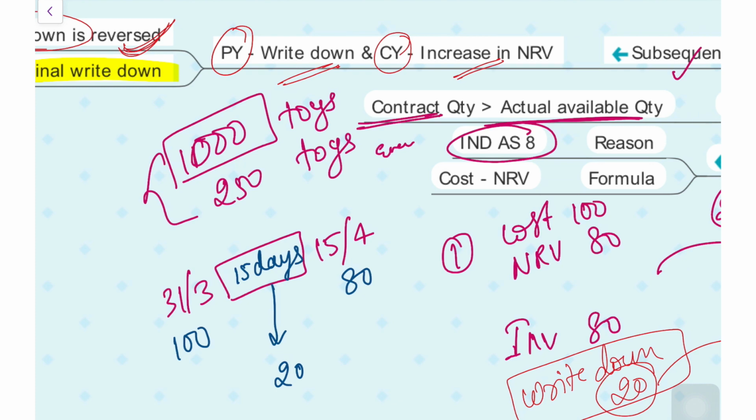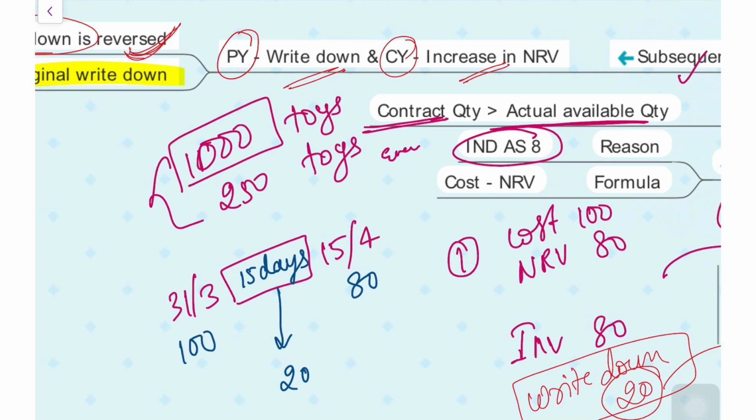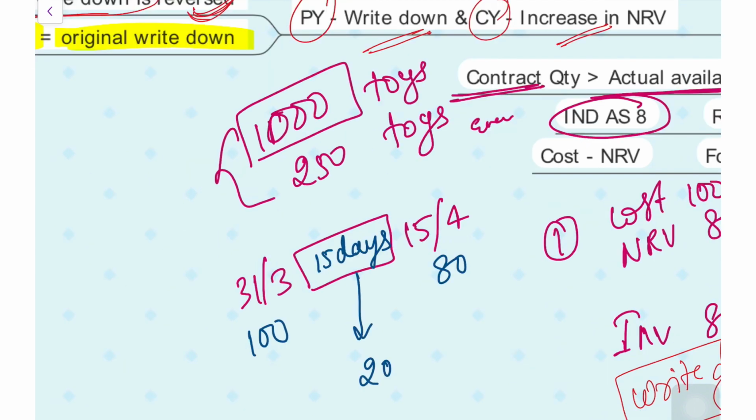You have to see whether there was a condition which was existing on the balance sheet date itself. So here you have to see whether on the balance sheet date, there was any condition which reflected that in this upcoming 15 days your value could go down.